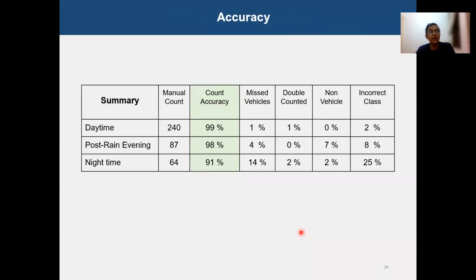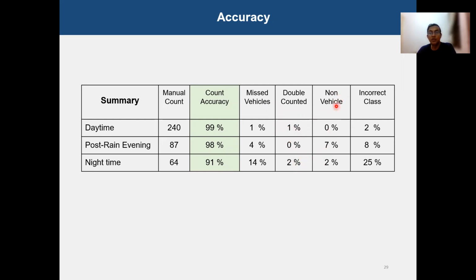So this is a little summary of manual counting of the vehicles, which we think is most accurate. And then you ask the system to do it and you get 99%, 98, or 91% at night time. Missed vehicles, double count. You can see the double counting is very small, 1%, 2% like that.